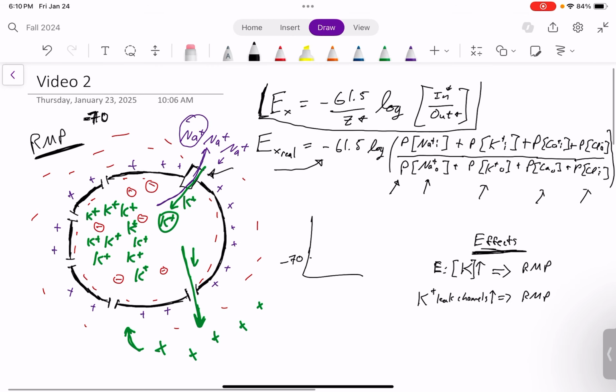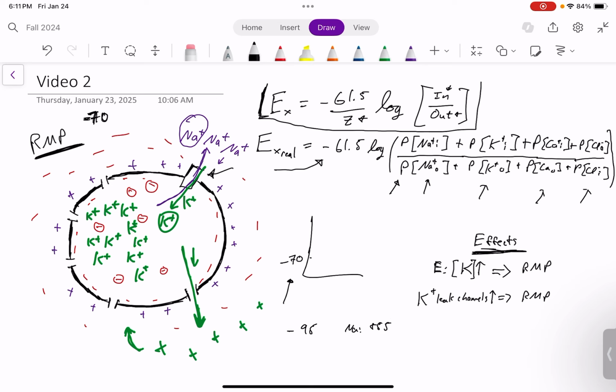And so what the Nernst equation can tell us is that, well, hey, if the equilibrium potential of potassium is negative 95, and the cell's actual membrane is negative 70, well, then we can see that the cell is much more permeable to potassium compared to sodium, where sodium would be positive 55.